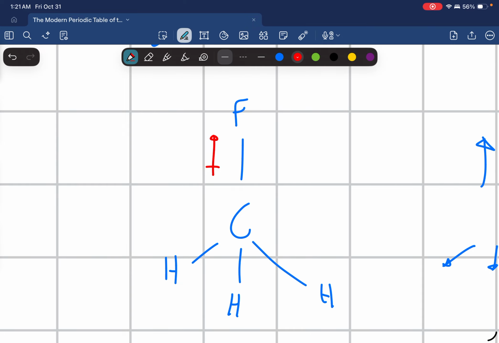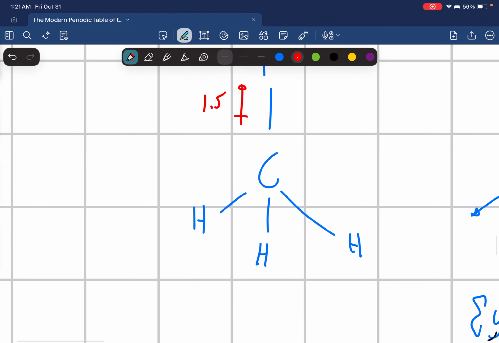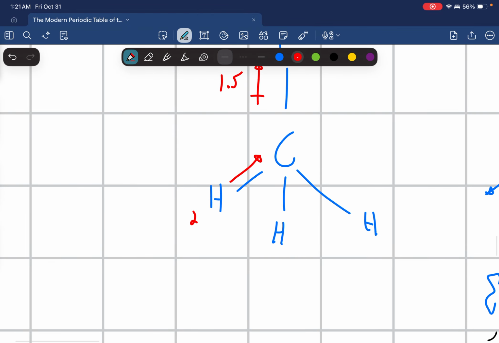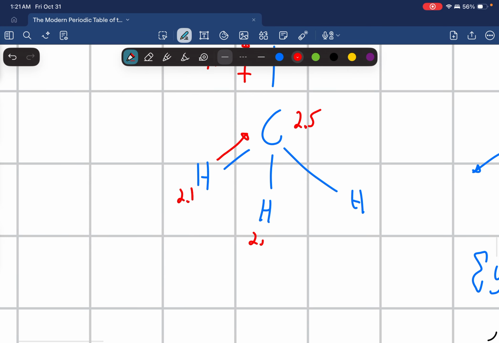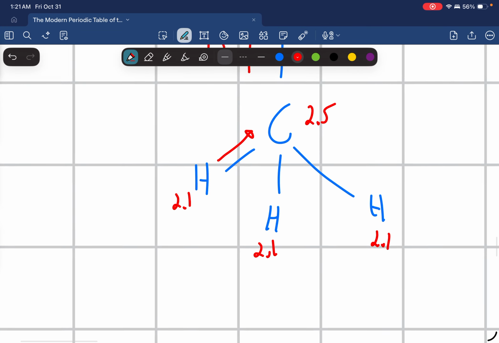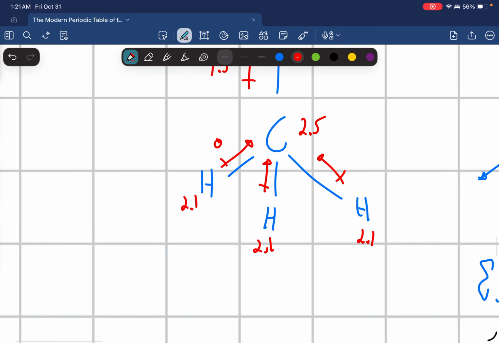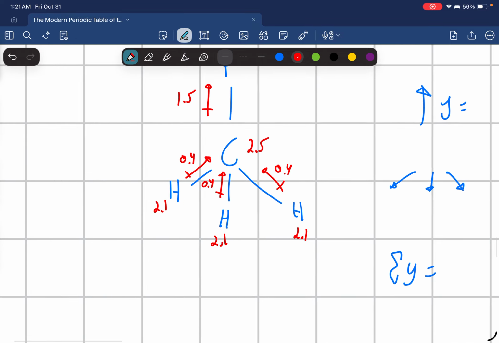That's going to be 1.5. The hydrogens are going to be actually the positive part here, because theirs is 2.1, while the carbon is 2.5. So the hydrogens are going to have the positive hash there. And each of these are going to be 0.4. So just barely polar, but polar nonetheless.